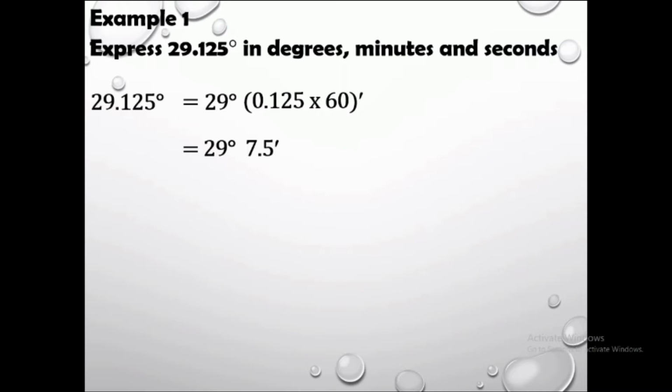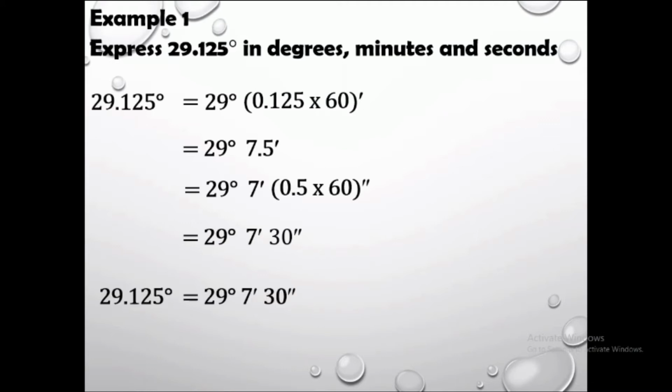So the whole number 7 becomes the minutes. For the seconds, multiply the new remaining decimal 0.5 times 60 and the result is 30 seconds. So, 29.125 degrees equals 29 degrees, 7 minutes, and 30 seconds.